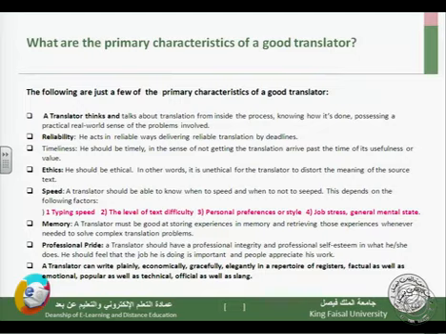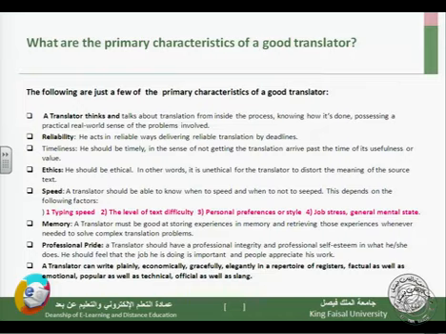But I have mentioned a few characteristics of a good translator. If we go through them together, you will have some idea of what is expected of you.